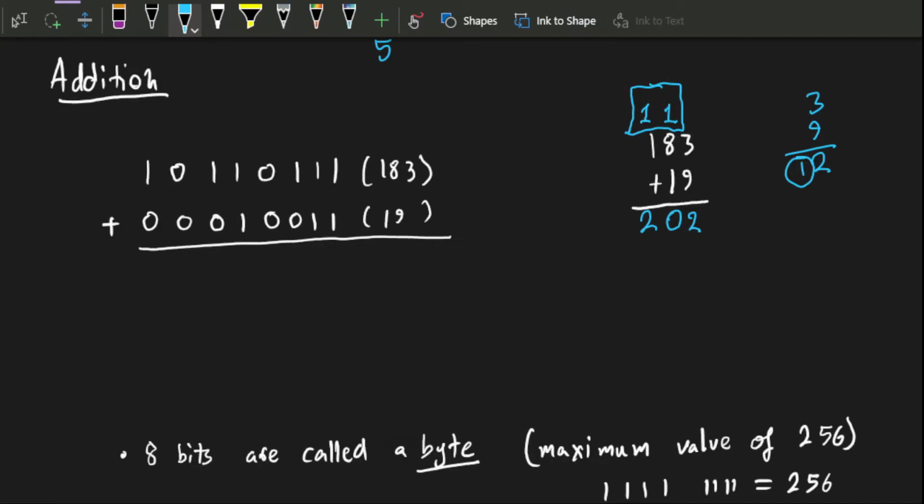Adding these two up, we start with 1 plus 1. We know that 1 plus 1 becomes 2, but there is no 2 in binary. So 2 is represented as 1, 0. So we put the 0 here, and the 1 gets carried over to here.